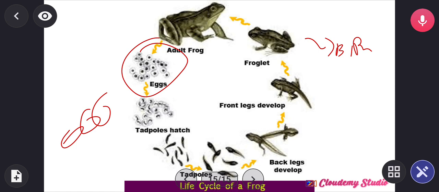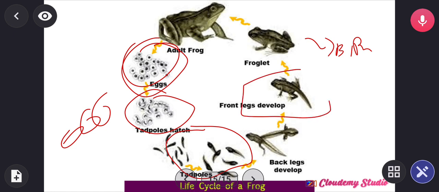After the egg has been laid, the tadpole is going to hatch. Once the tadpole hatches, it will start developing inside the water, undergoing metamorphosis. One of the changes is that the gills are going to turn into lungs, and the back legs start developing. Then we have a fully developed frog lacking a tail.